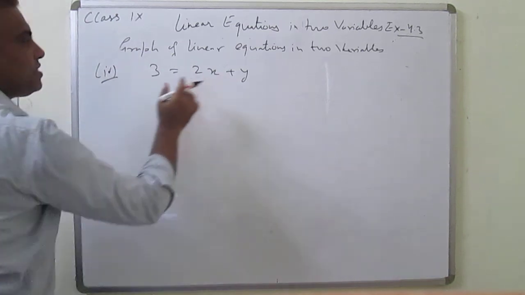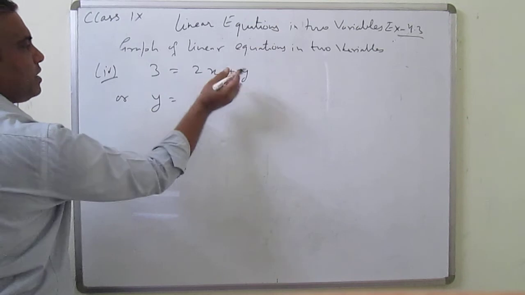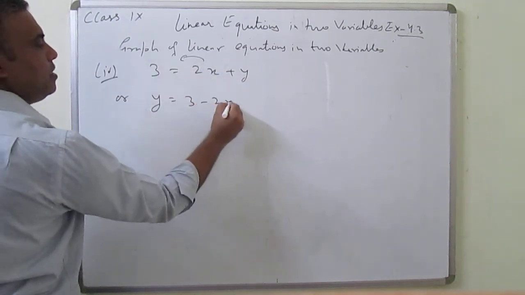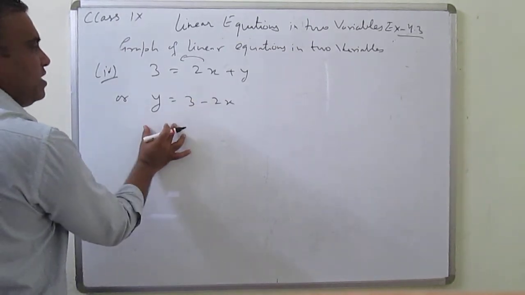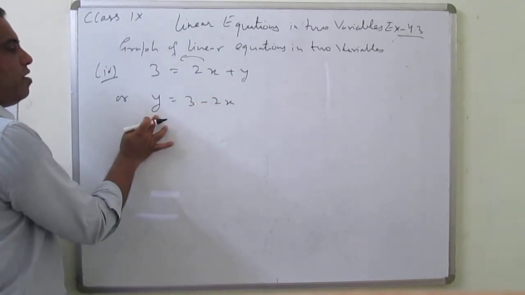So you can write y is equal to 3 minus 2x, putting y on one side and 2x on the other. Why am I doing this? To calculate the value of y, it is easy for me. If I put the value of x here, we can calculate the value of y.